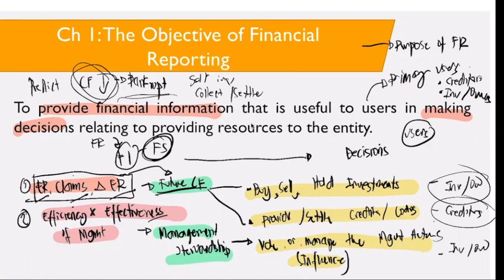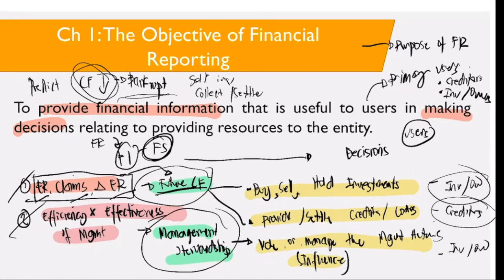What financial information is provided by your financial reporting? We have two: economic resources, claims and changes in economic resources, and efficiency and effectiveness of management. What information is used out of this financial information? Your future cash flows and management stewardship. So please do not forget this concept of financial reporting.